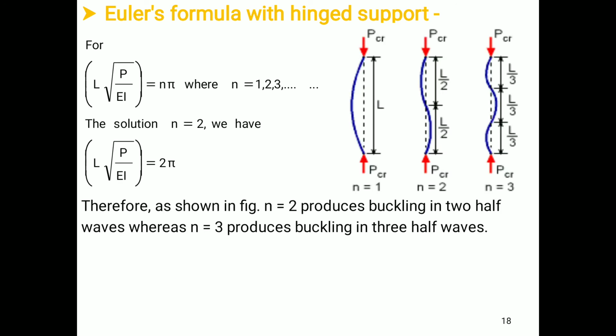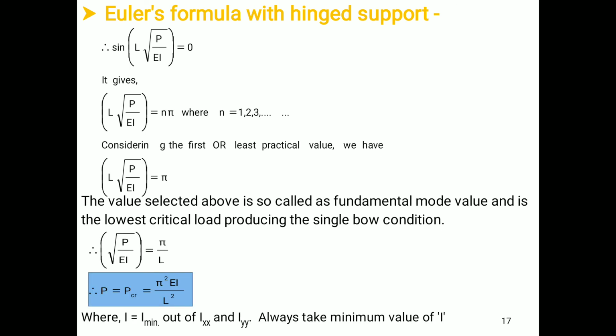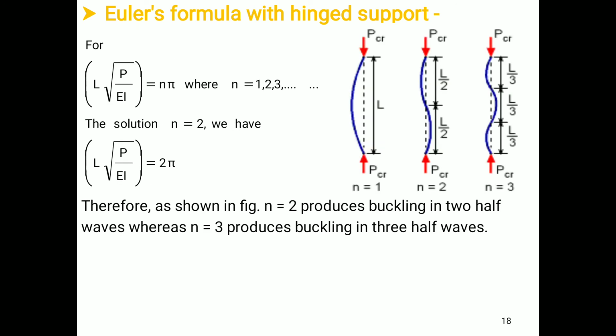Now what will happen if I consider n is equal to 2? In this particular equation, we have considered n is equal to 1. But if I consider n is equal to 2, we will have this equation: L under root of P upon EI equal to 2 pi.